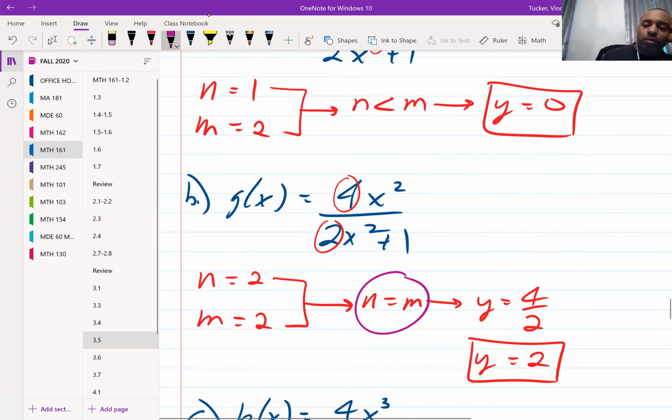So that's 4 over 2, and y is equal to 2. So once again, when your numerator's degree is less than the denominator's degree, y is equal to 0. If they are equal, then y is equal to the leading coefficient of the numerator over the leading coefficient of the denominator.